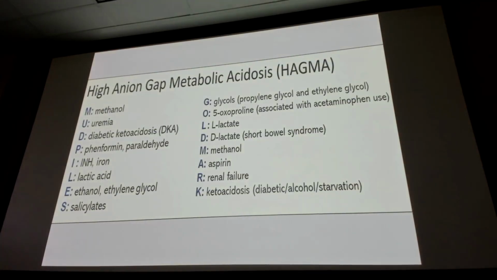Probably a good idea to know the things that cause a high anion gap metabolic acidosis. There may or may not be a question that gives you a patient that says maybe they were exposed to one of these things. Okay? So whether it's the MUDPILES mnemonic or the GOLDMARK, it'll be useful.